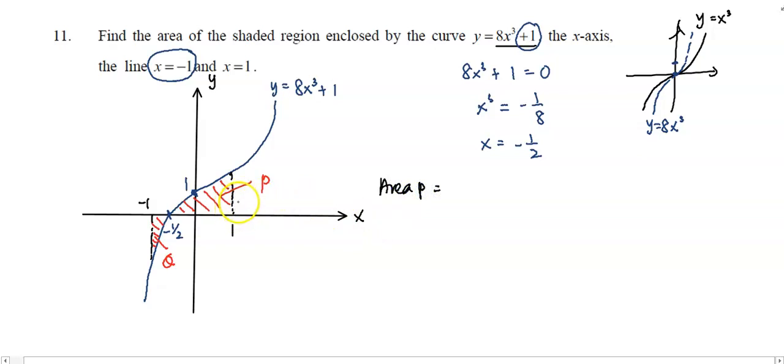Since the region P is above the x-axis, you do not need to put a modulus. You just integrate as usual, from -1/2 to 1, and the function is 8x cubed plus 1. Then just integrate.